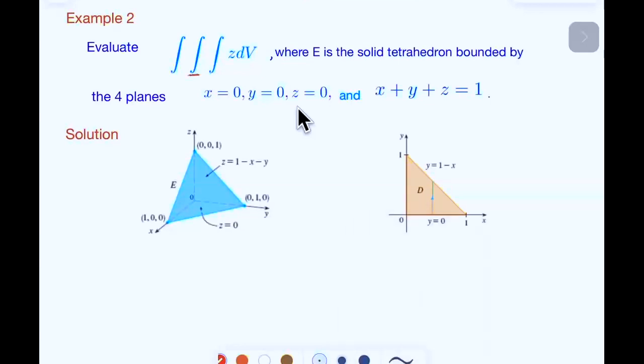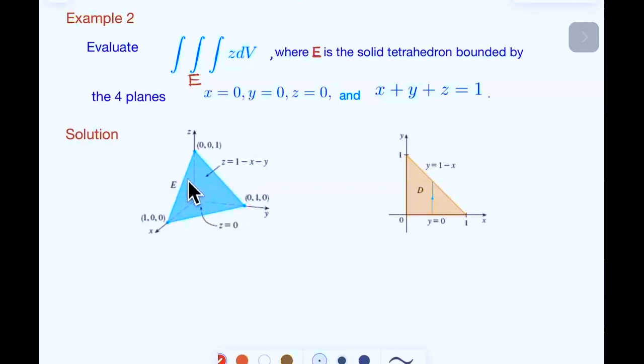Okay, the solid here is E, where E is the tetrahedron bounded by these four planes. So the tetrahedron looks like this. Now x equals 0 will be the yz plane, so that one.